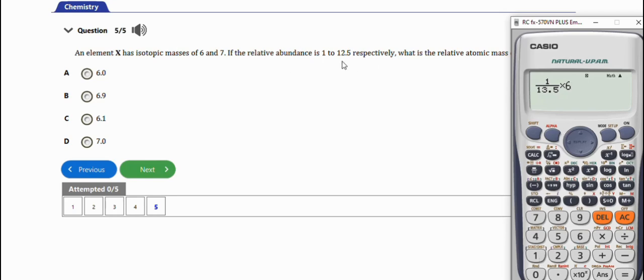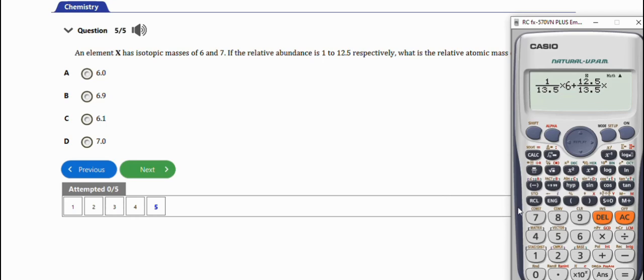This 6 is for this one. Then we have plus, in fraction, 12.5 over 13.5, then times 7, which is for 12.5.